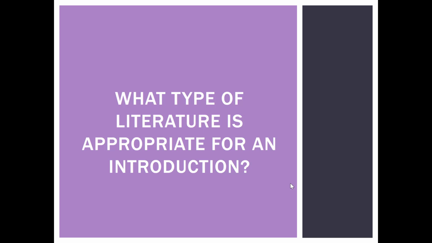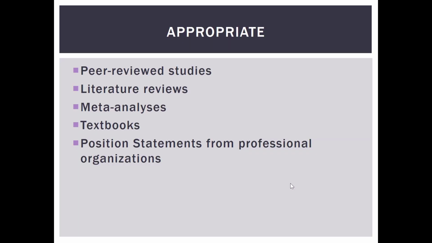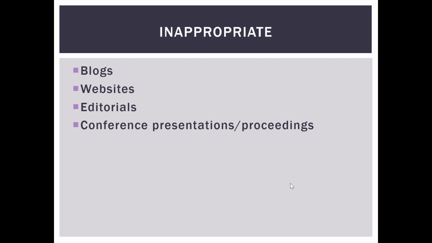So what type of literature is appropriate to search when you're writing your introduction? Look for peer-reviewed studies, literature reviews, meta-analyses, textbooks, position statements from professional organizations, but consider that those sources may weigh more heavily and may disseminate with more credibility than something like a blog, website, editorial, or conference presentation and proceeding.